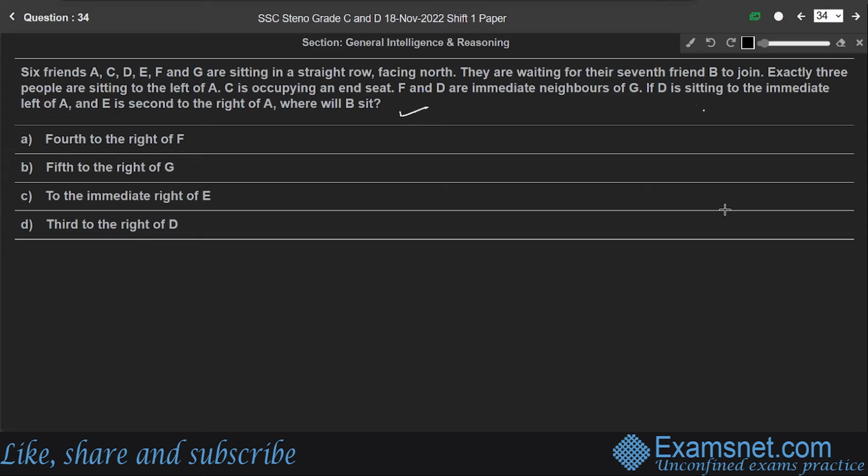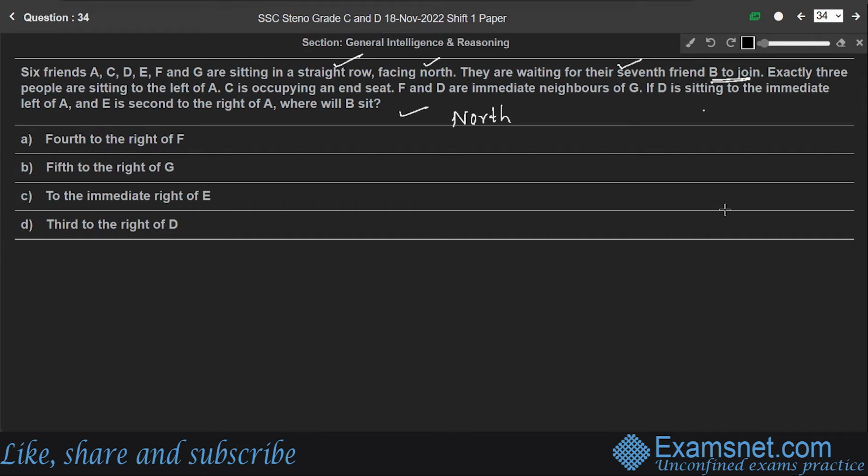Question 34. 6 friends A, C, D, E, F, and G are sitting in a straight row facing north. They are waiting for their seventh friend B to join. So we'll consider the direction north. 6 friends are sitting in a row, all facing north.